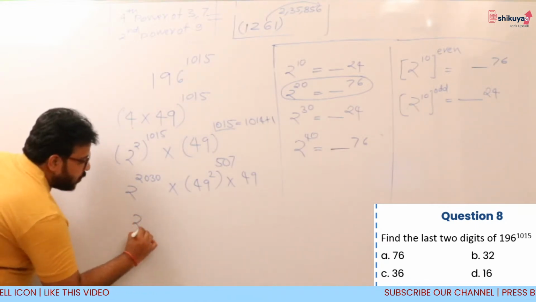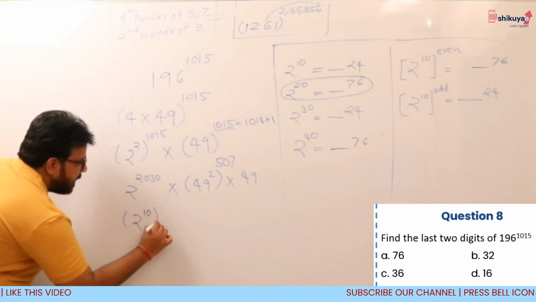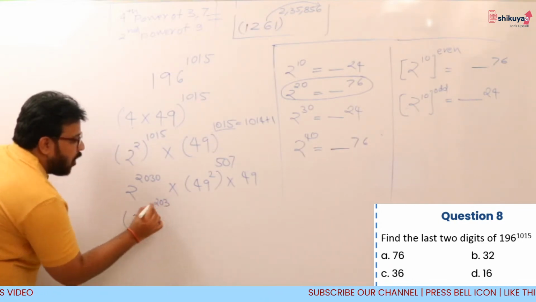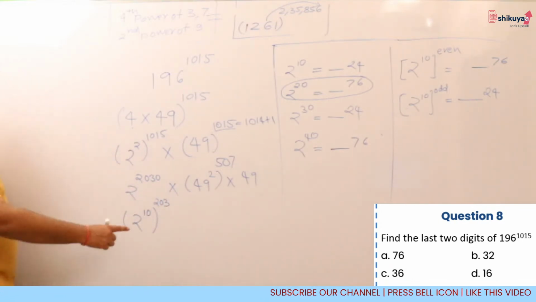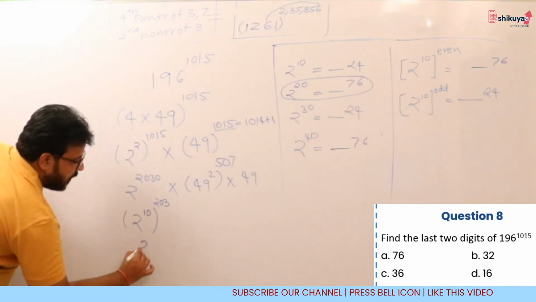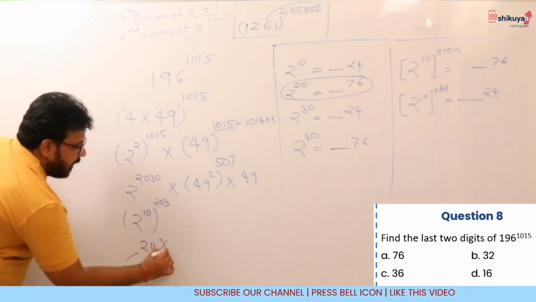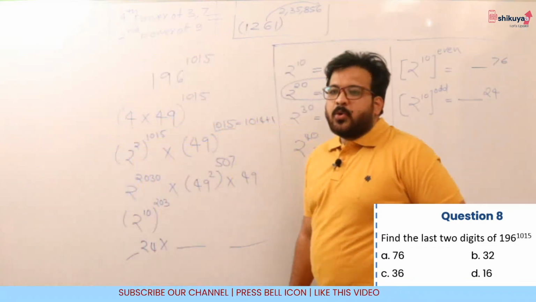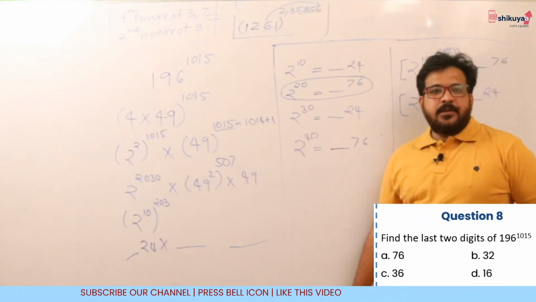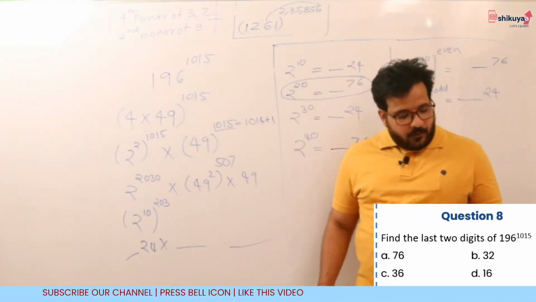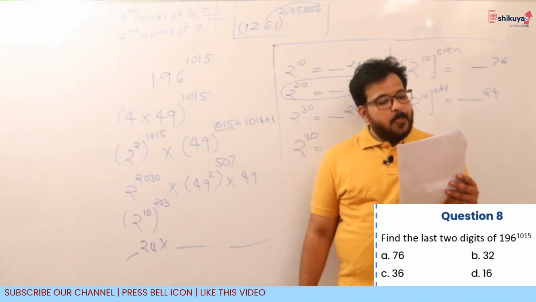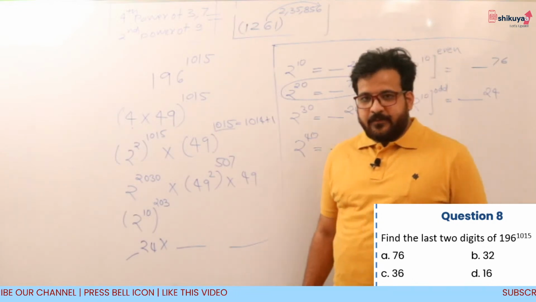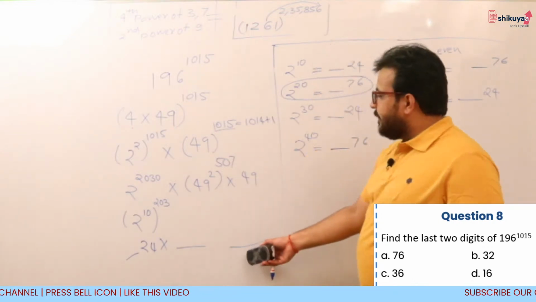So this is 2 raised to 10 raised to 203, which is an odd number. So that is going to end in 24. And I think you are expert in this part now. You are good to go in this part. Am I right? So the answer for this problem is 76.